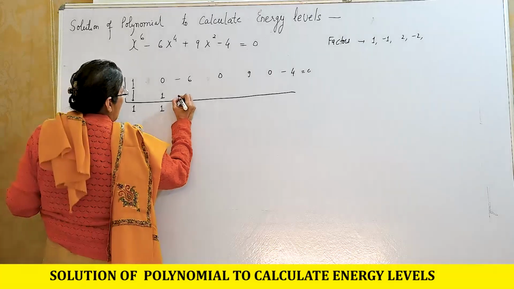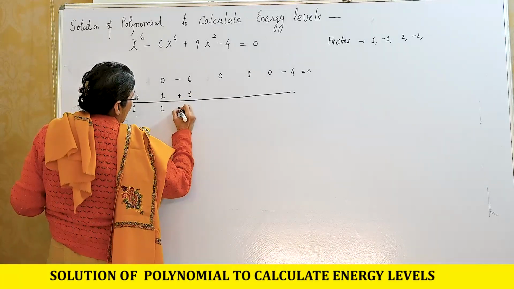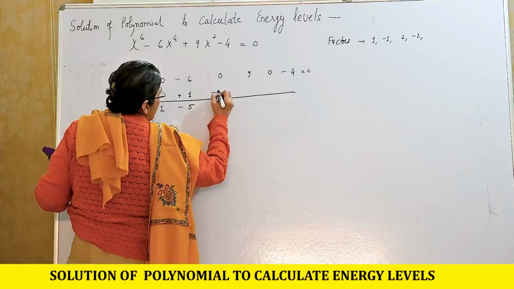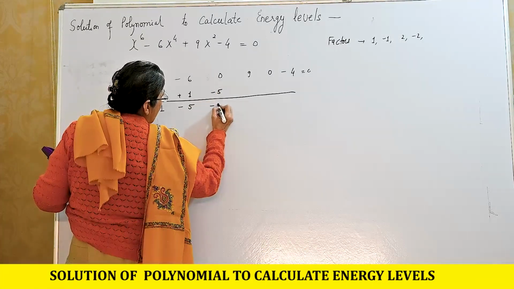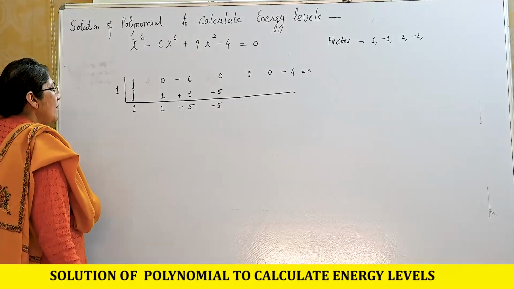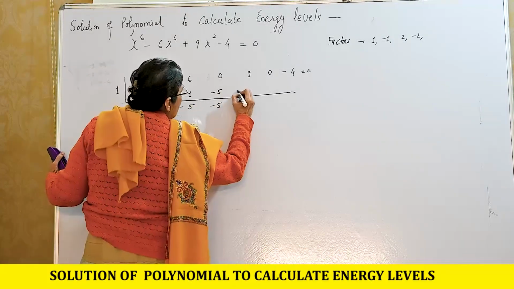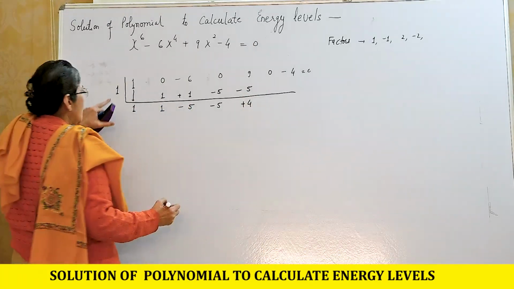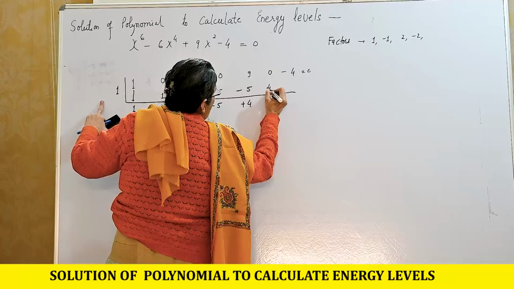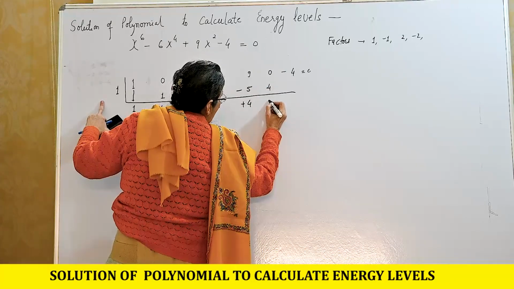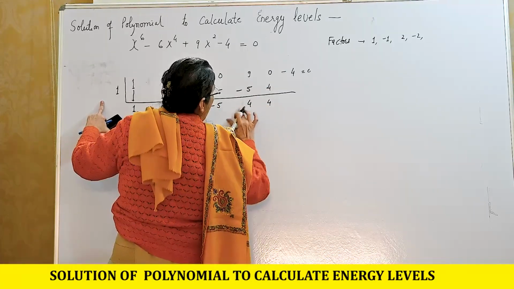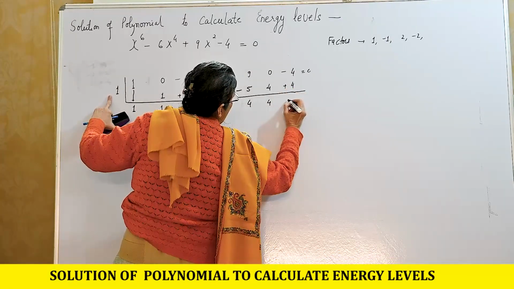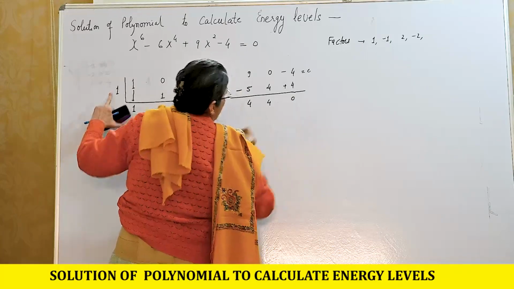Again 1 into 1 is 1, so here it is -5. 1 into -5 is again -5, then we add, this is -5. 1 into -5 is -5, then we get plus 4, and adding again we get 4, and here we get 0.